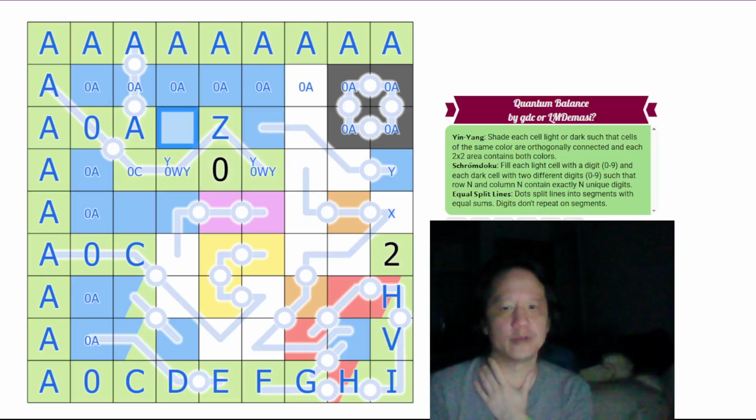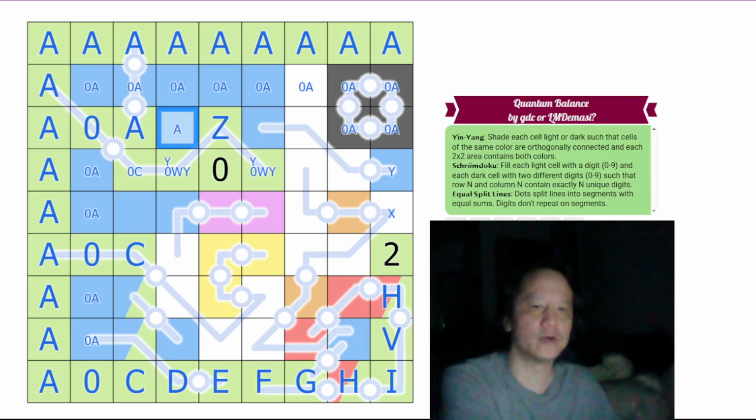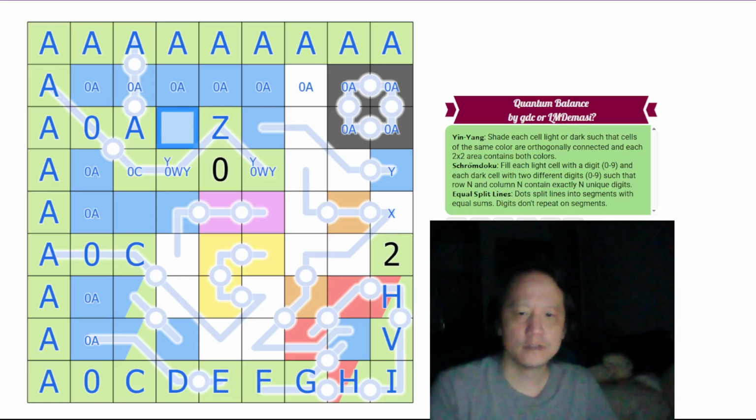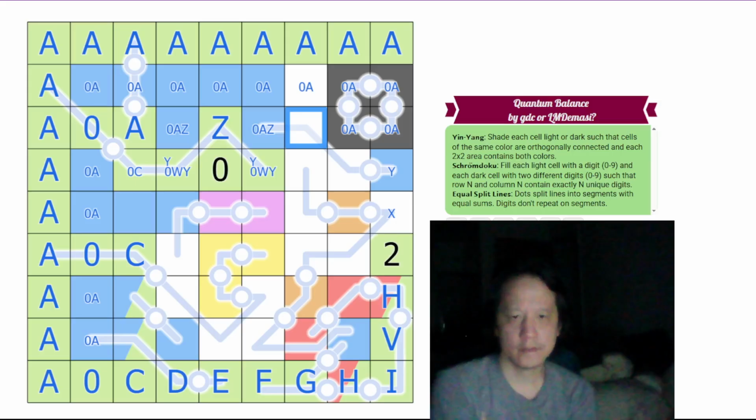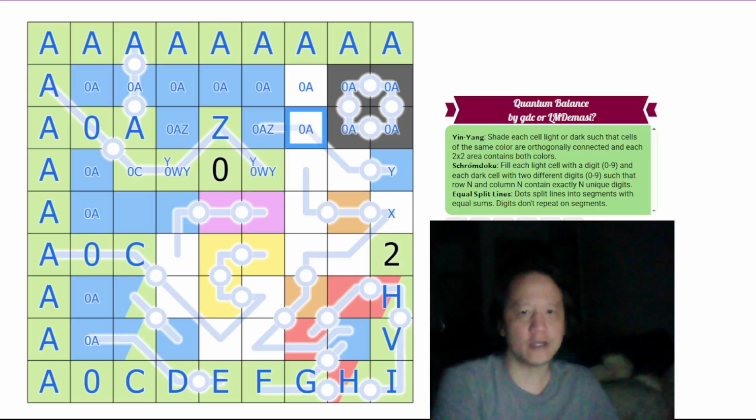This is some combination of 0A or Z. Again, this is 0A or Z.